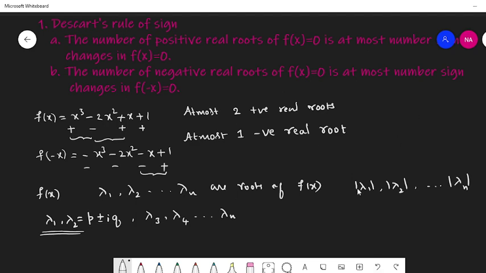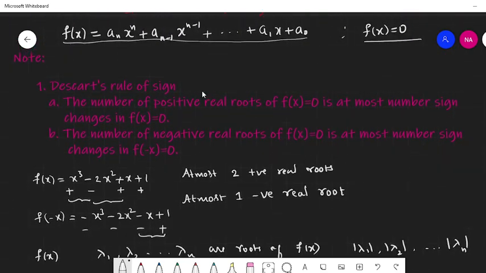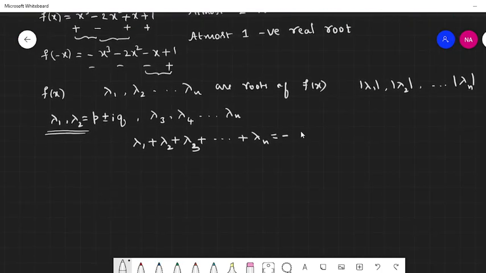How to determine this p and q? For that, you have to use one relation that connects the coefficients of x and roots of the polynomial. The relation says that the sum of all roots lambda 1, lambda 2, lambda 3 plus and so on lambda n will be equal to minus of, say the polynomial you are considering is of this form a n x power n plus a n minus 1 x power n minus 1 and so on a naught, then it will be the negative of the coefficient of x power n minus 1.